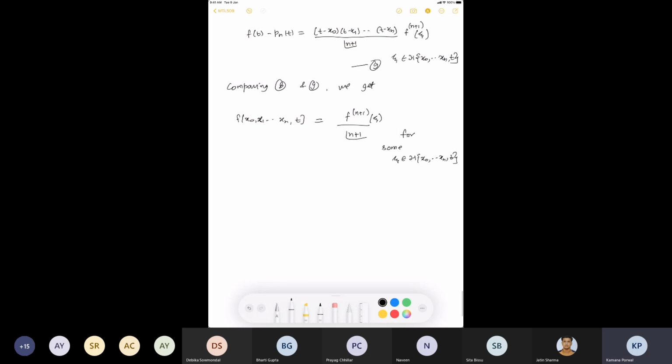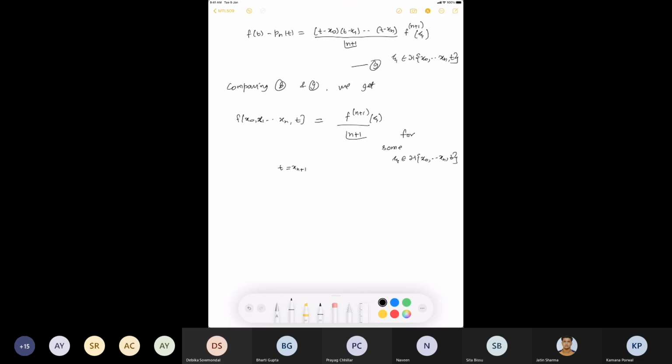Just for notational convenience, I call this t as x_{n+1}, because I already have the nodes up to xn, so I'm just going to call this a new node.